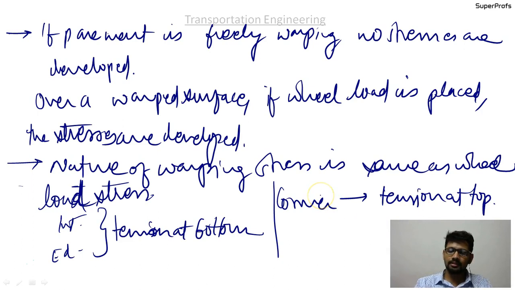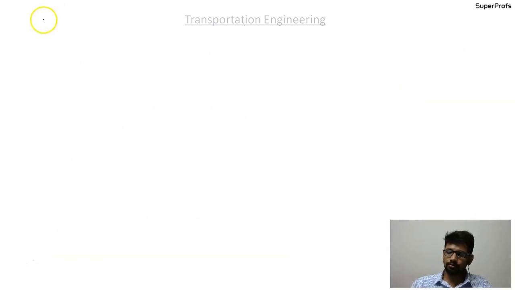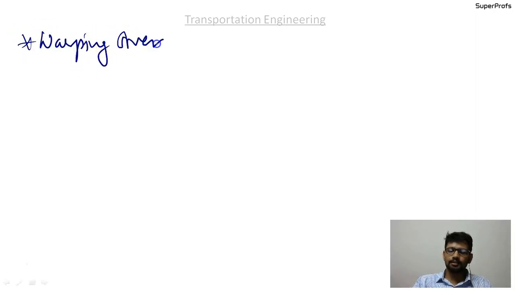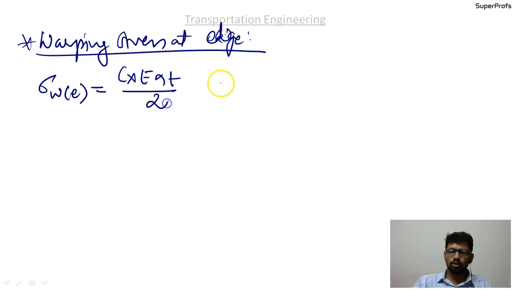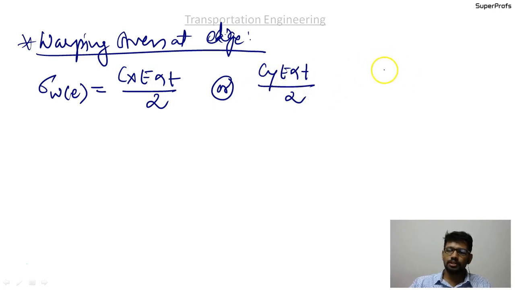The warping stress at edge is given by formulae given by Bradbury. The warping stress at edge is given as sigma w (edge) equals Cx E alpha T by 2 or Cy E alpha T upon 2, whichever is higher.